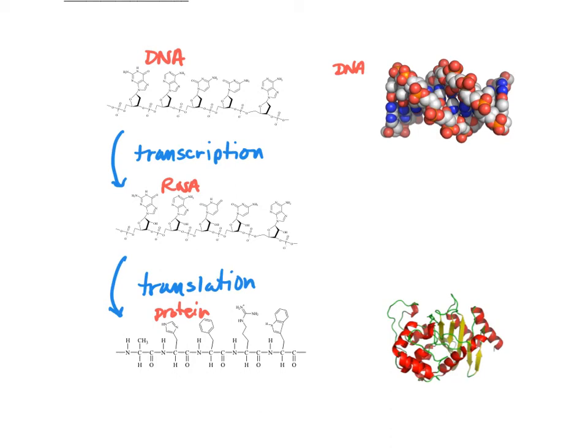In our first video, when we talked about the overview of nucleic acids, we pointed out that DNA has a purpose. Its purpose is to encode the blueprint for proteins. And we go through processes called transcription and translation to make that in effect.